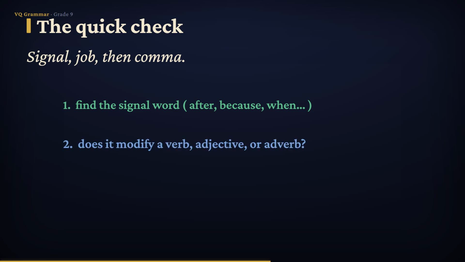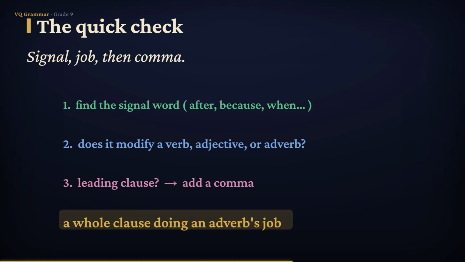Ask whether that clause is modifying a verb, an adjective, or an adverb, answering a question like when, where, why, or how. If it is, it's an adverb clause. And step 3, the punctuation. If the clause leads off the sentence, drop a comma in right after it. Do those 3 things and you've mastered the adverb clause.